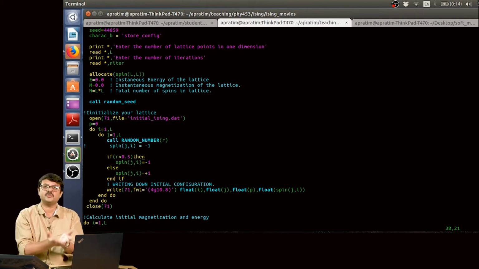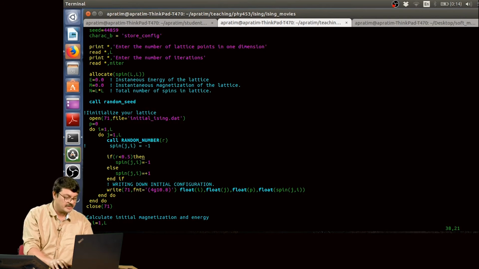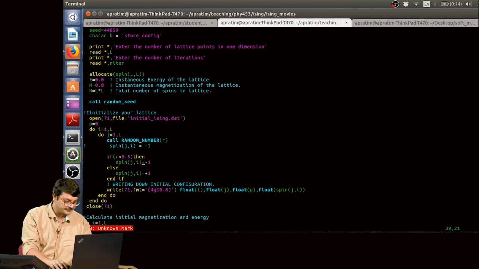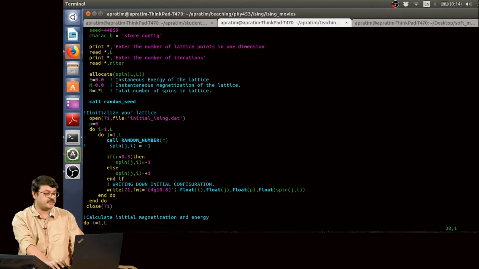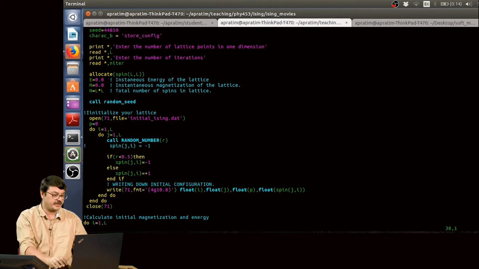Here I have simply chosen to assign spins at different points in the lattice randomly, half pointing up, half pointing down. But suppose you wanted to look at all spins pointing up, that is, give all the spins of the lattice the value +1, or -1 if they are all pointing down.